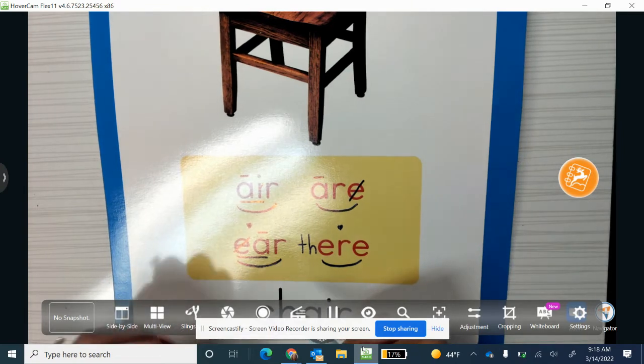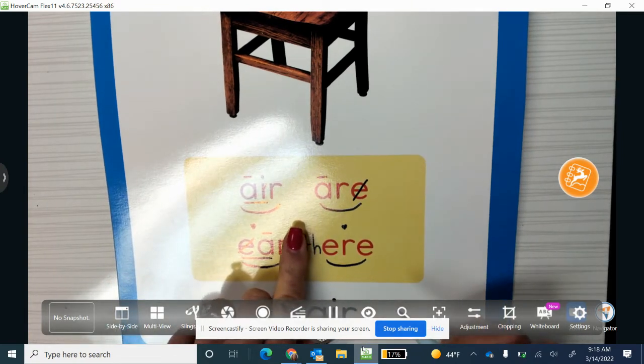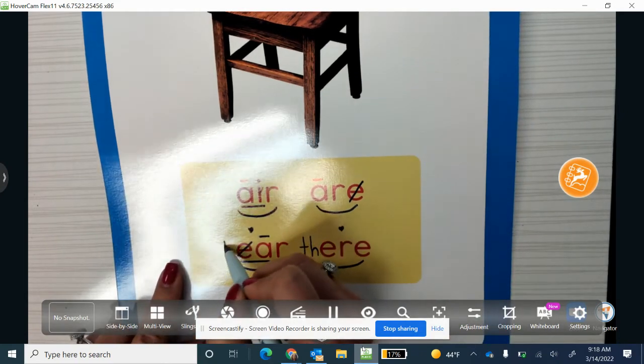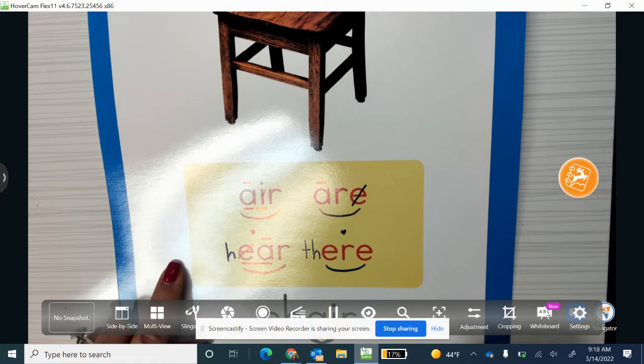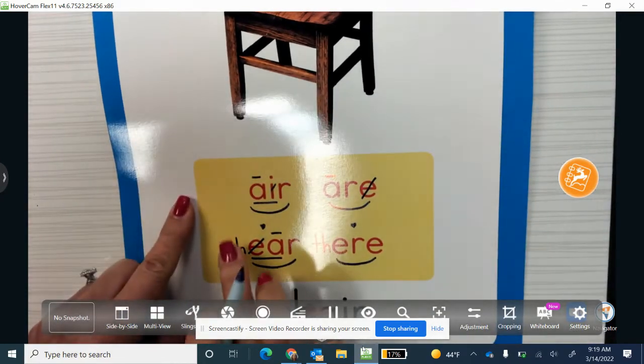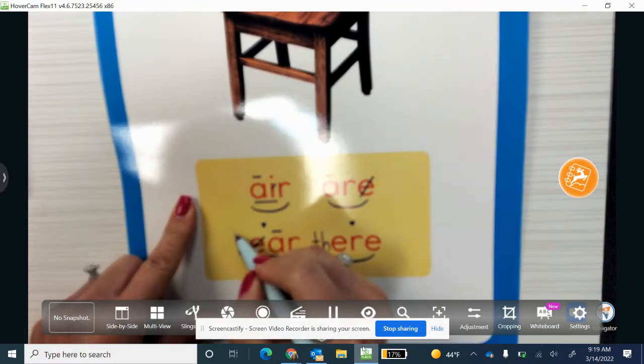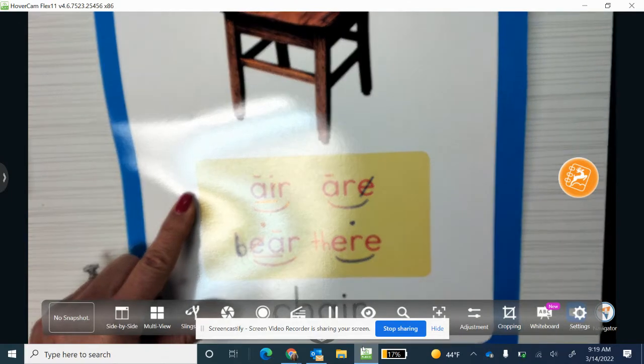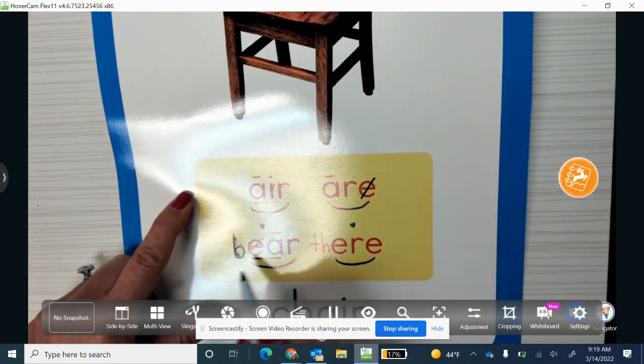Last week this word was here, and now we're learning the long A, air, there. Last week this word was here, and this week, I can just change this. This is the word bear. Okay, so these are a little tricky.